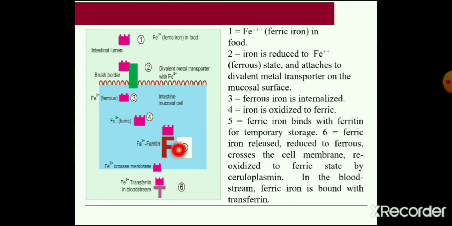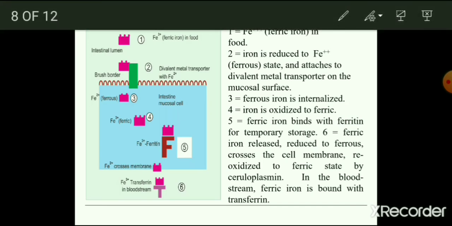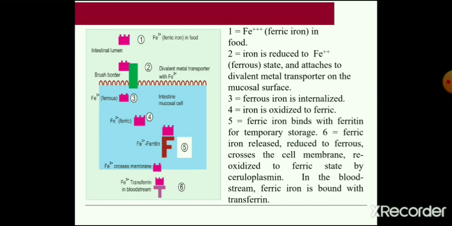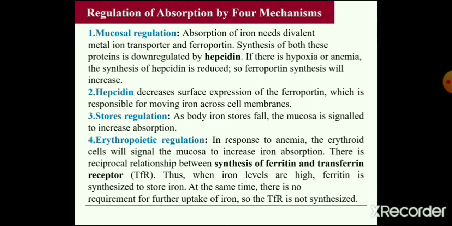So the whole thing is ferritin, and now it is in the ferric form. Whenever iron is required, this ferric form is converted to ferrous, and then it is released through the intestinal border, combining with apotransferrin to form transferrin and transported through the blood. So you have to draw this diagram and explain it whenever you are asked to write about absorption.